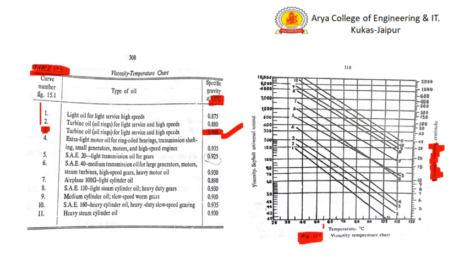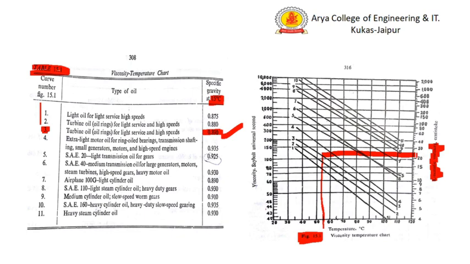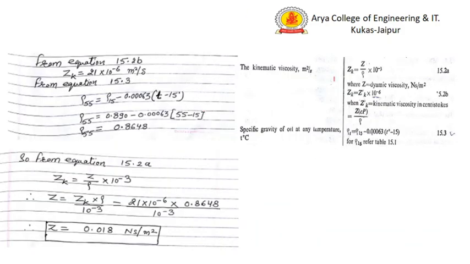Now from figure 15.1 at 55 degrees centigrade, and for oil number 3, we can directly read the value of kinematic viscosity Z dash K. From figure 15.1 we find that the value of Z dash K is 21 centistokes. After finding Z dash K, we use this formula to calculate first ZK and then Z. ZK is Z dash K multiplied by 10 raised to minus 6, from equation 15.2b.